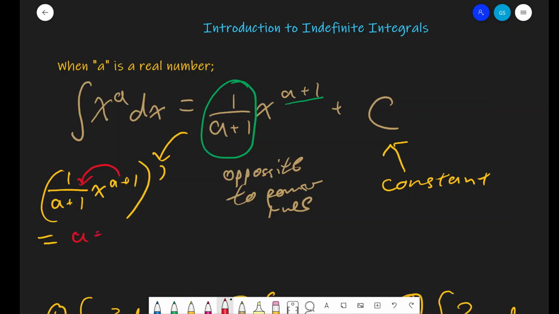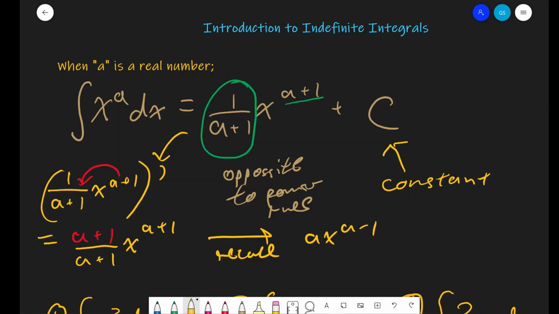So this would be a plus 1 over a plus 1, times x to the a plus 1. But in the power rule, if you recall, it's a x to the a minus 1. That is what you use to differentiate.